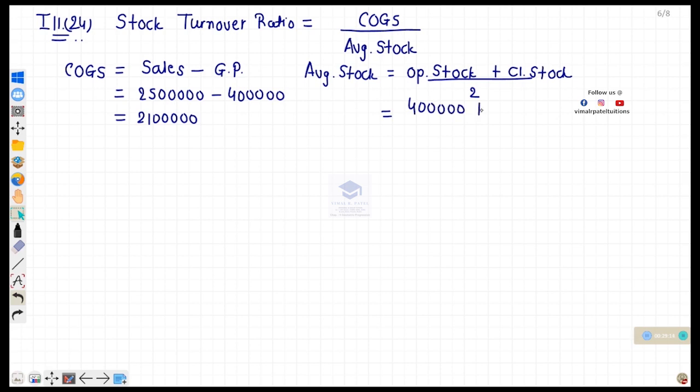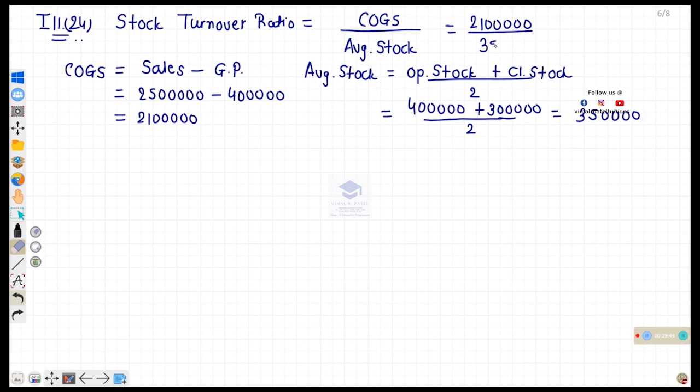Four lakh plus 3 lakh divided by 2. It will be 3,50,000.